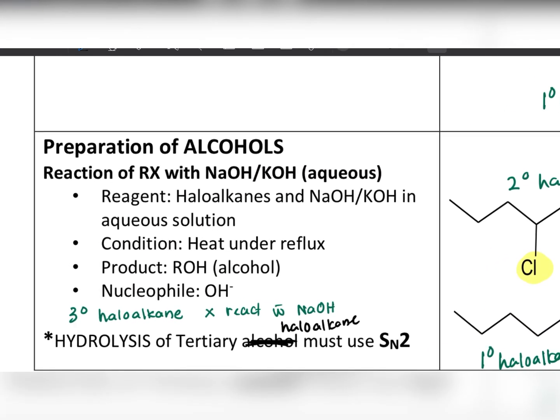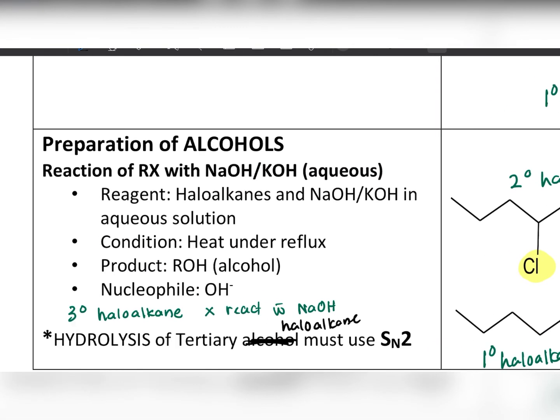Okay, so untuk tertiary haloalkane kita tak akan react, we never react dengan NaOH ataupun KOH pun tak boleh, because these two adalah strong base. Okay, so let's say you have this tertiary haloalkane. So for this case, kita tak boleh react dengan NaOH ataupun KOH untuk dapatkan alkohol.